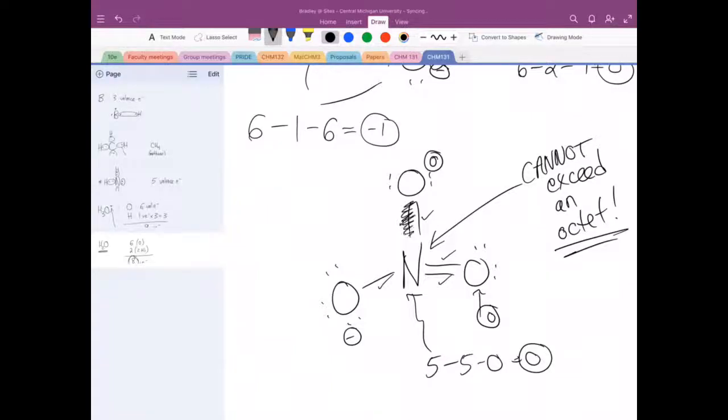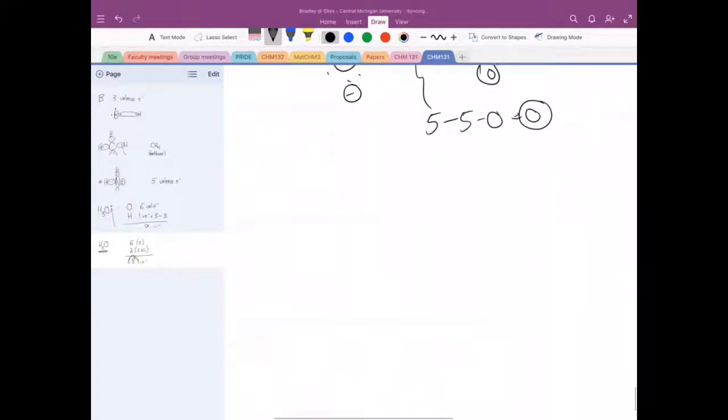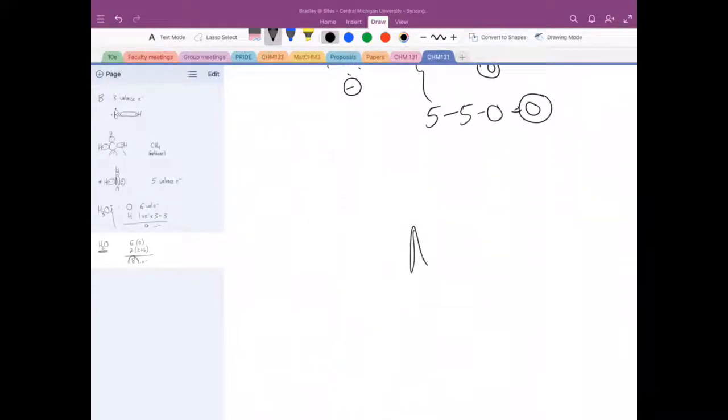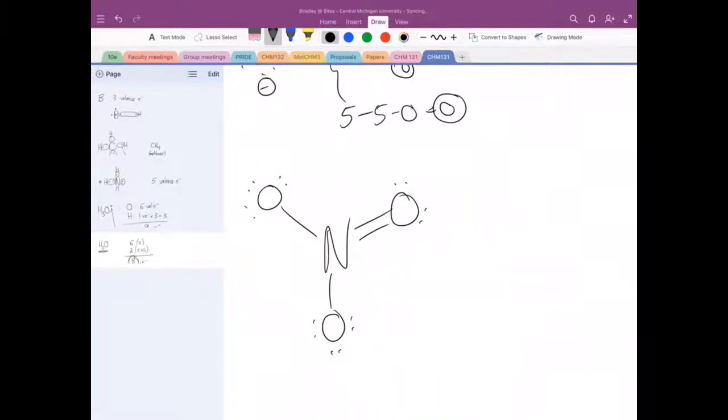Okay, so you're just going to stick with this structure. Okay, so the nitrate will just have 1 double bond, like this, and we should always indicate that that double bond can move around, right? So it can be this one, with all the dots around it, etc.